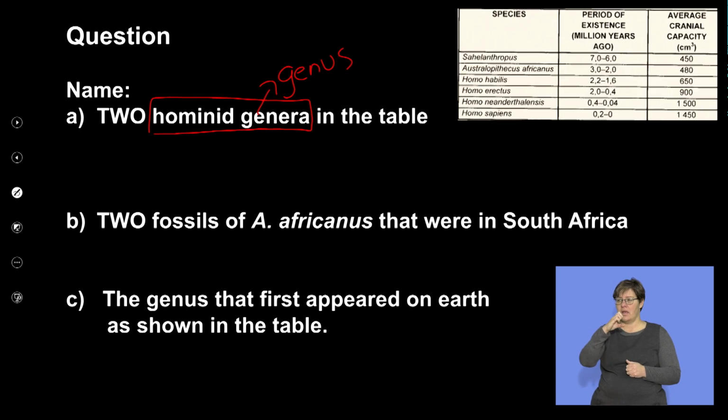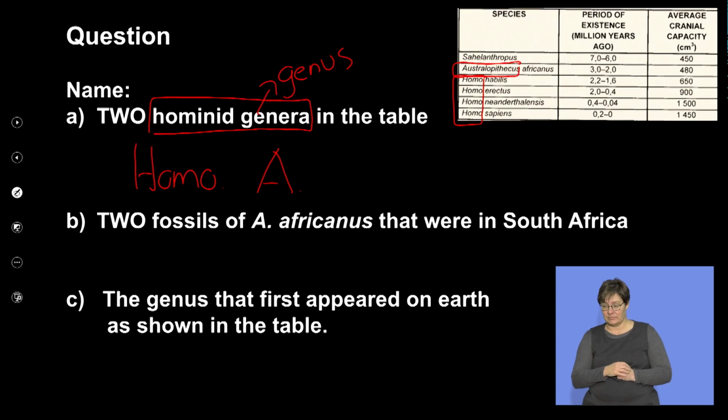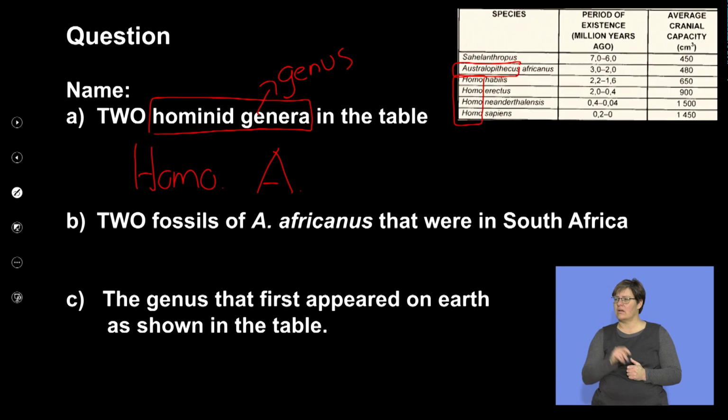So the two hominid genera over here, that is the genus, and that is the genus over there. Okay, so I'm going to say Homo, and I'm just going to write A because it's a lot to write, and there you've got that. Those are the two. And you're wondering about this one, and we are going to come back to it just now. I want you to have a look at the time period. It doesn't fit into when the speciation.